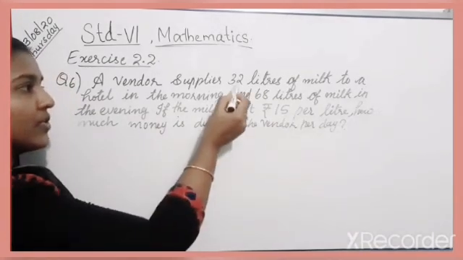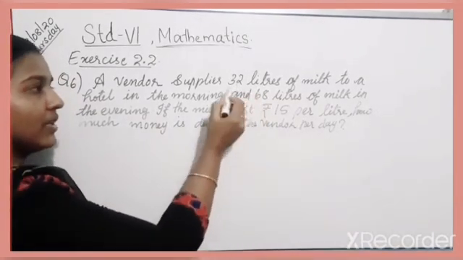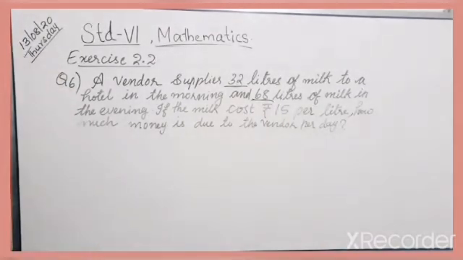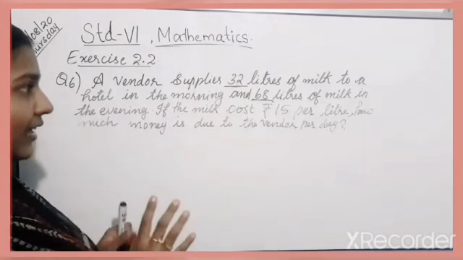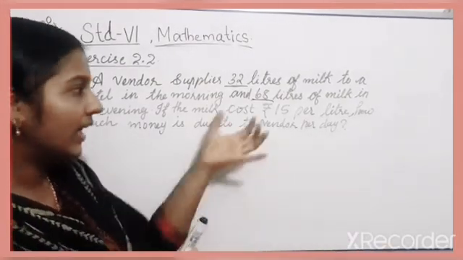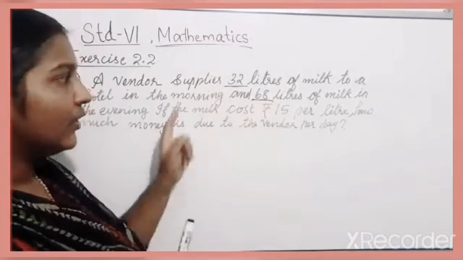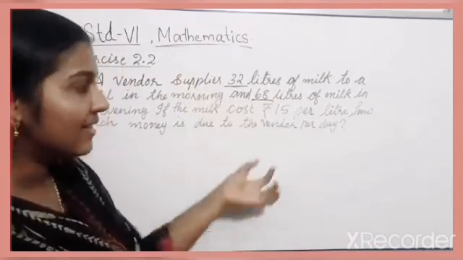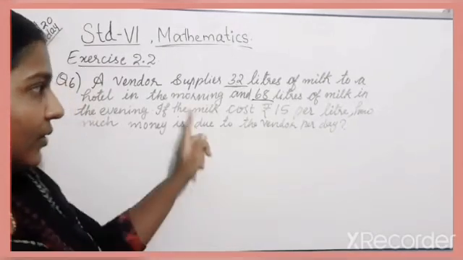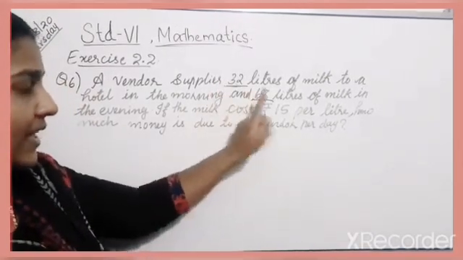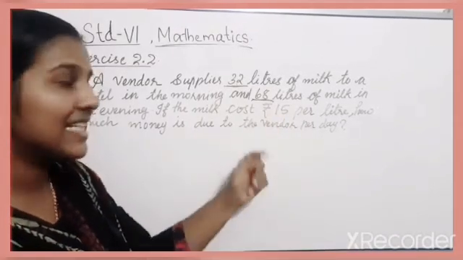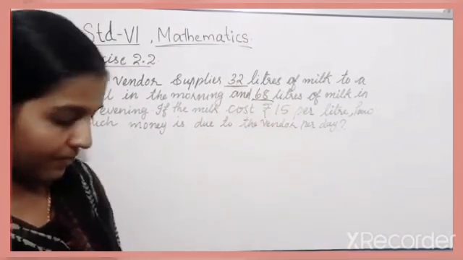So first you add these two numbers together, that is 32 liters plus 68 liters. Then you will get the total milk he is supplying to the hotel. Then you multiply that answer with rupees 15. Understood? So add 32 plus 68 first, then multiply that answer with rupees 15.